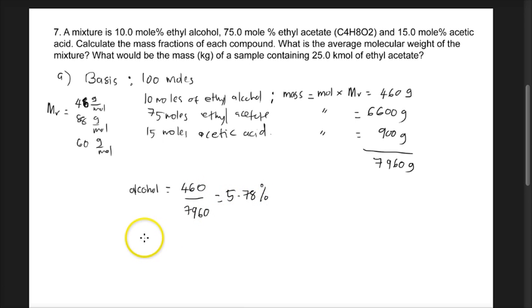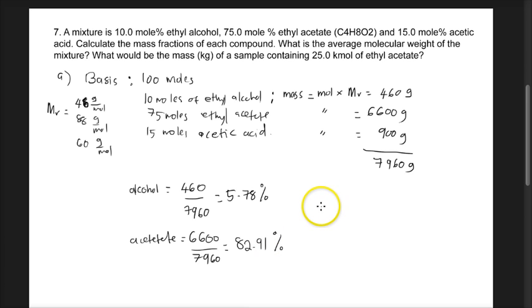And then for ethyl acetate, this is the big one, which is 6,600 divided by 7,960, and you get about 82.91%.